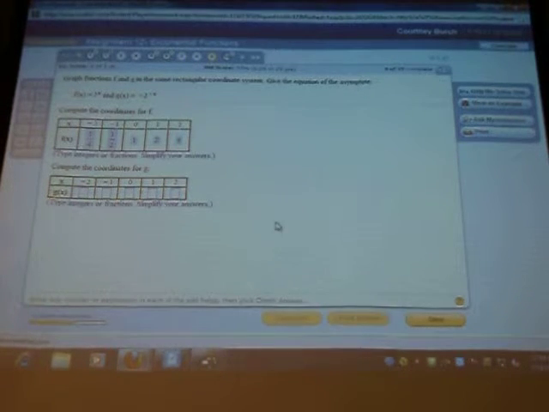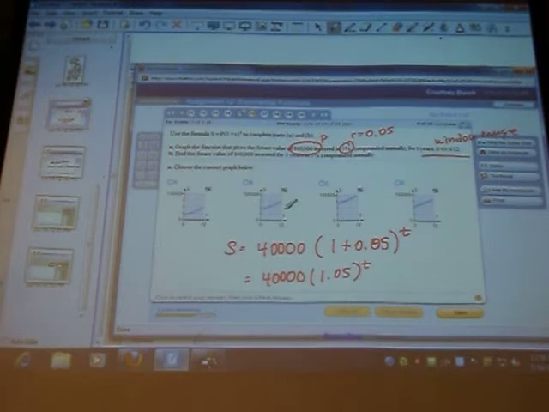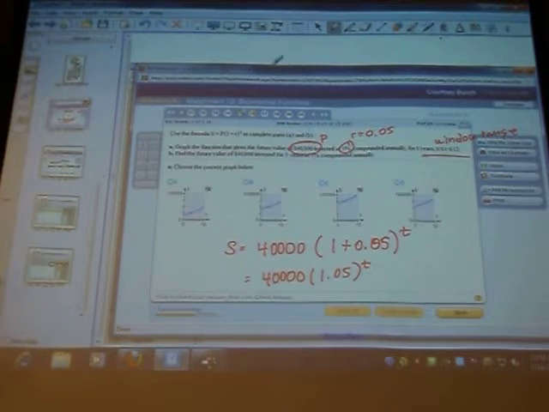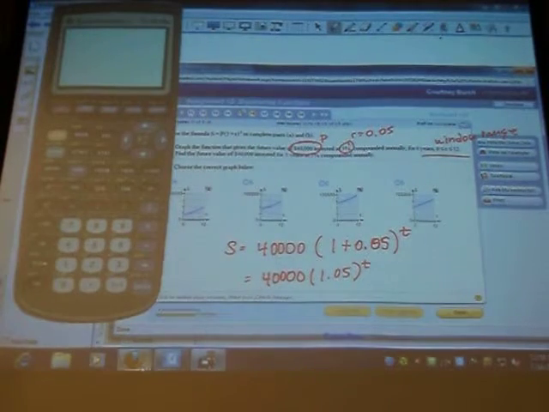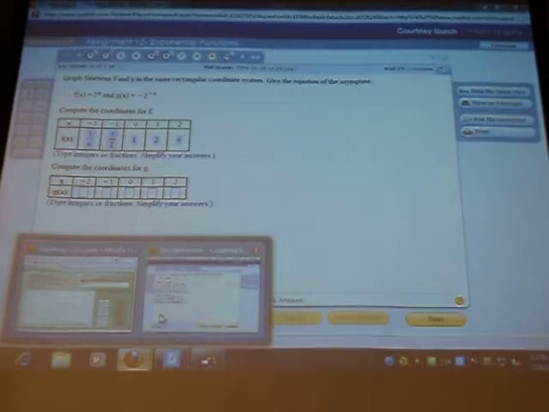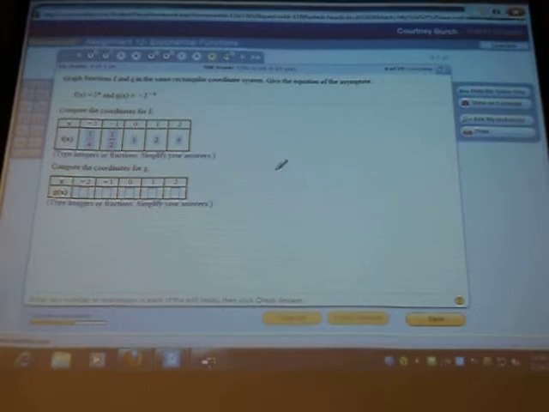Come on, let me write. Do you have to save that first? No, it should be okay. Let me write on the graph. Let me write on the homework. There we go.